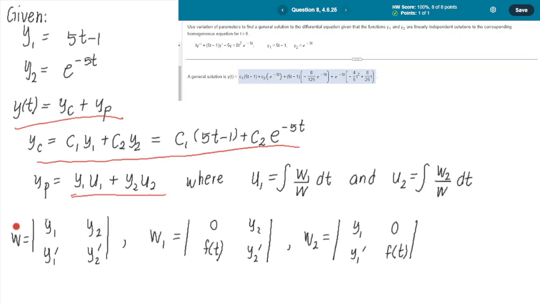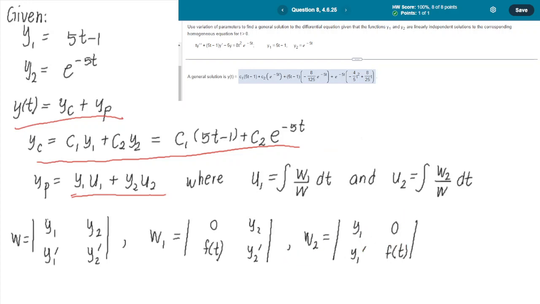In your first row, you put the linearly independent solutions, and in the second row, you put the derivatives of these functions. Now, your w sub 1, you just change the first column. Instead of y1 and y1 prime, you change that to 0 and f of t. The same with w sub 2. Instead of changing the first column, you change the second column.